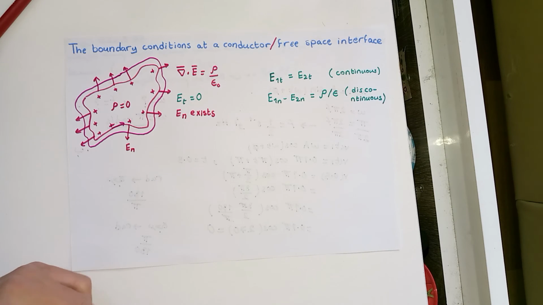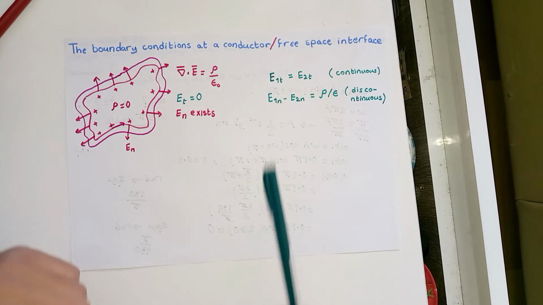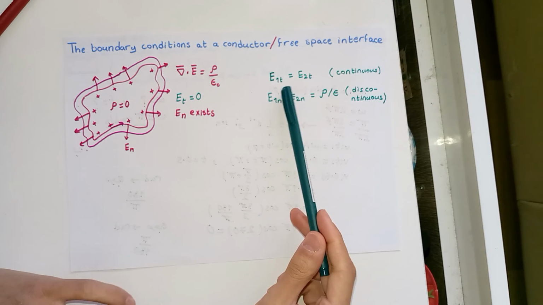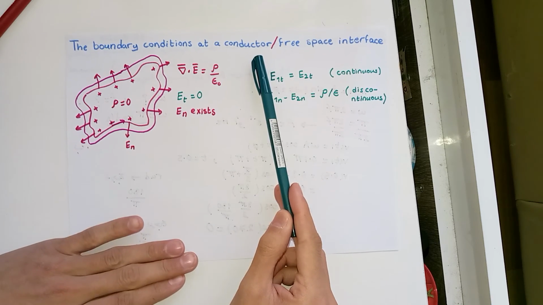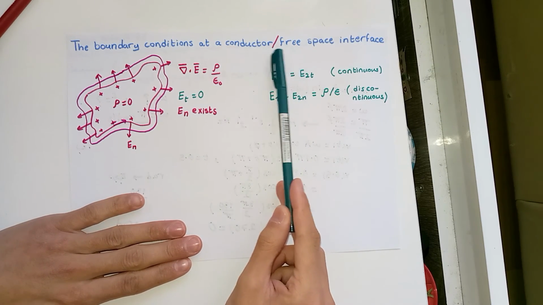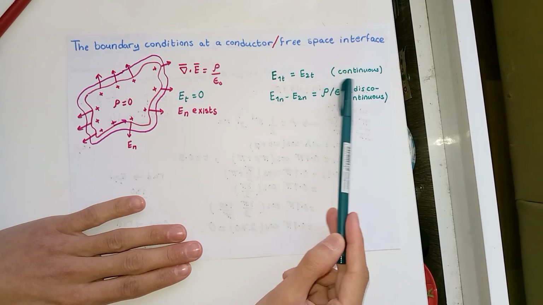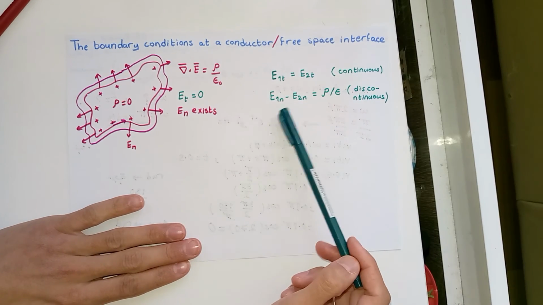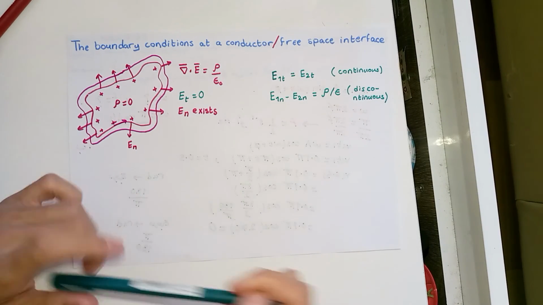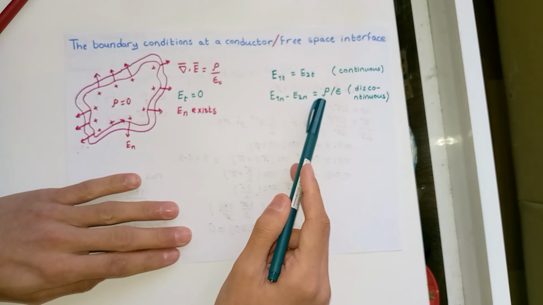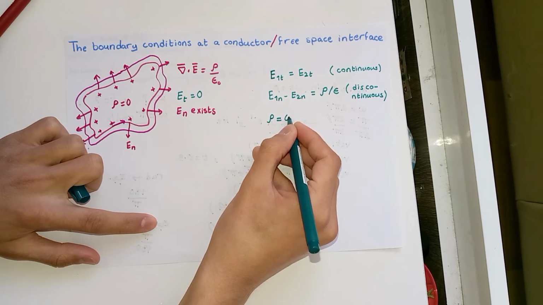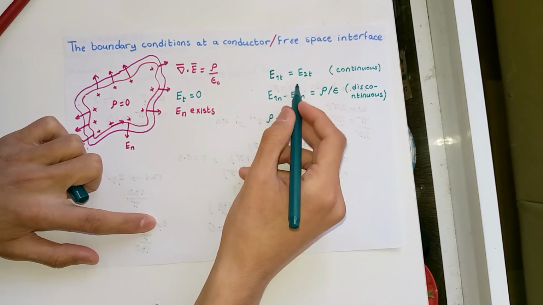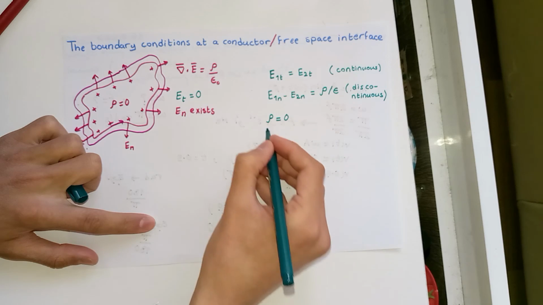At the end, I'm going to summarize by saying that the tangential components at the boundaries of a conductor in free space are continuous, and the normal components are discontinuous unless rho equals 0. If rho equals 0, both the tangential components and the normal components are continuous.